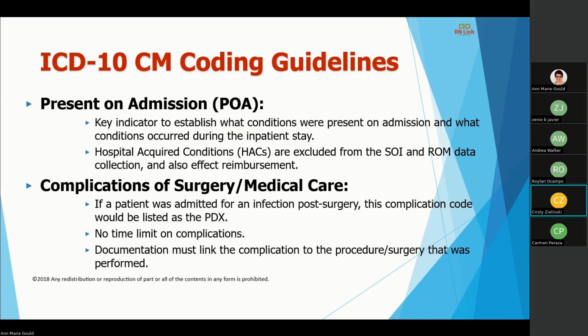In our facility, it is very important for acute respiratory failure to find out whether it's present on admission. So you just need to have the clinical indicators, like the patient was short of breath or the O2 saturation was low, and the patient was given like 4, 5, 6, above 8 liters of oxygen on admission. That would be your clinical indicators to query for present on admission.